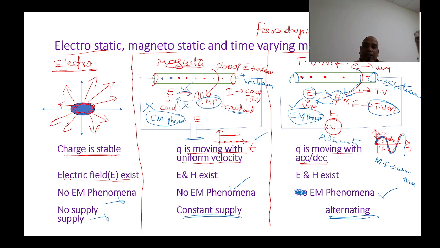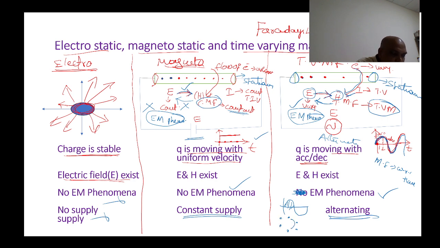According to Faraday's law, if one quantity is stationary, another quantity should be either varying with respect to space or with respect to time. A sine wave means it is varying with respect to time.